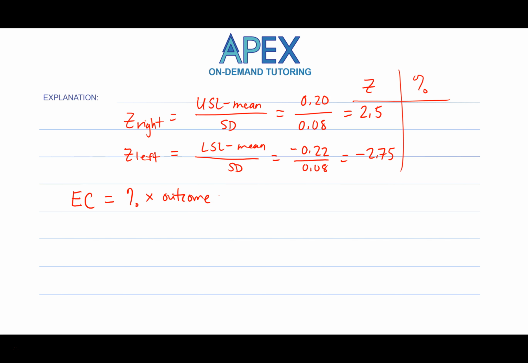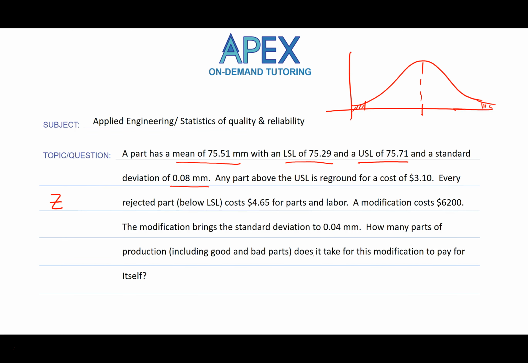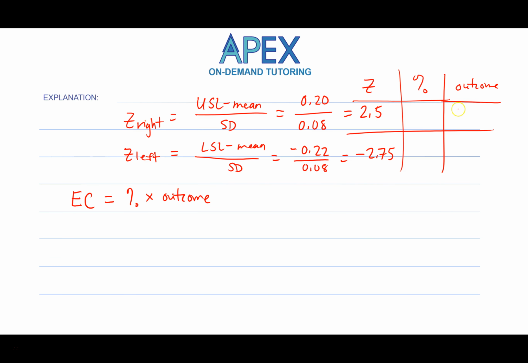And in this case, for the upper limit, we're going to have to pay an extra $3.10, and anytime we're below the lower limit, we're going to have to pay $4.65. So this is going to be $3.10, and this will be $4.65.